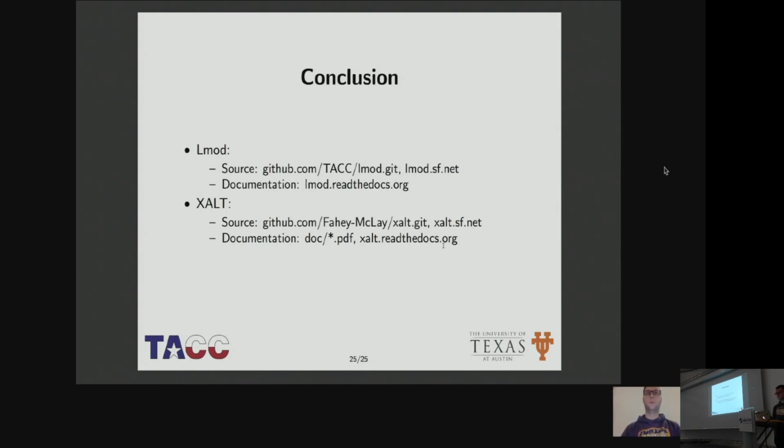Because when you link with the XALT version of the linker or the wrapper, it actually stores the modules that you built with in the actual executable. And so that can be used to compare with what your current environment is. So I'm looking at things like that and just dealing with the amount of data that comes out.